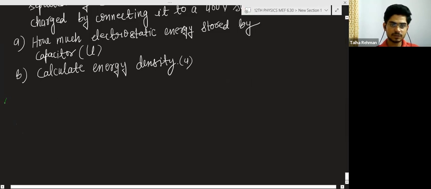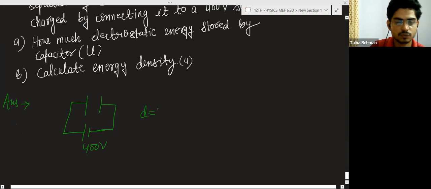So in the first case, we have a capacitor and this capacitor is connected to a 400 volt supply. D is 2.5 mm, so 2.5 into 10 to the power minus 3 meter.